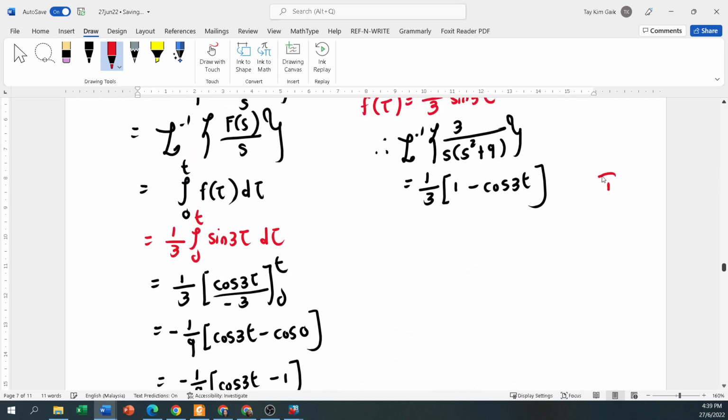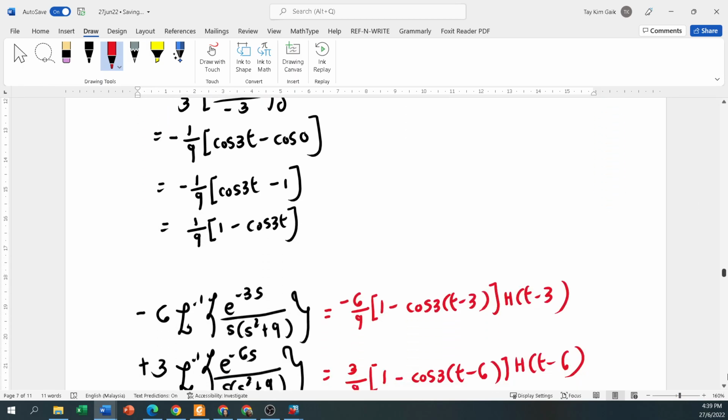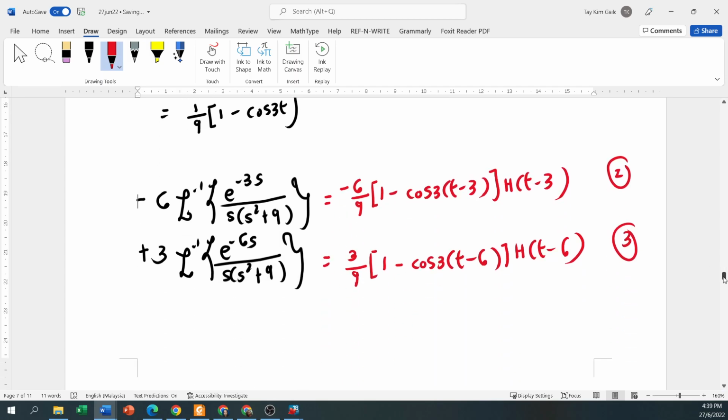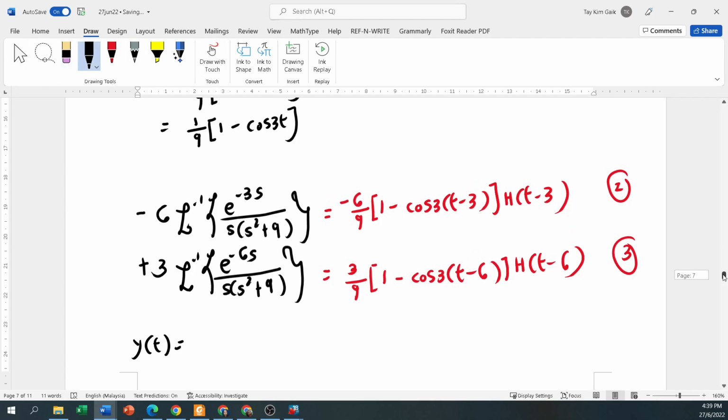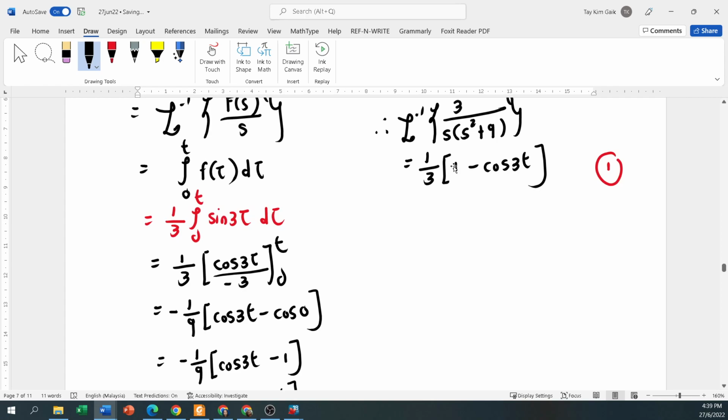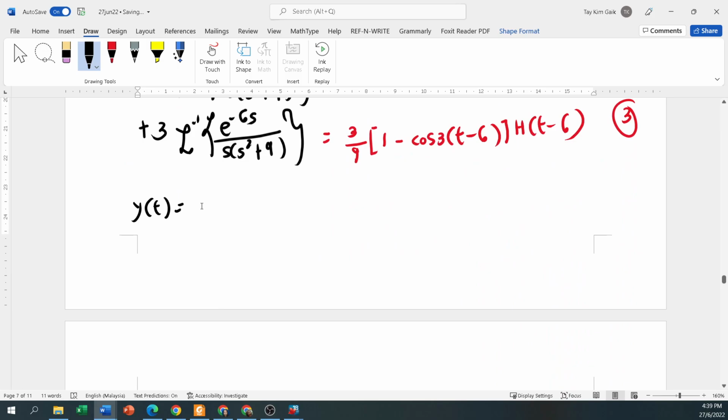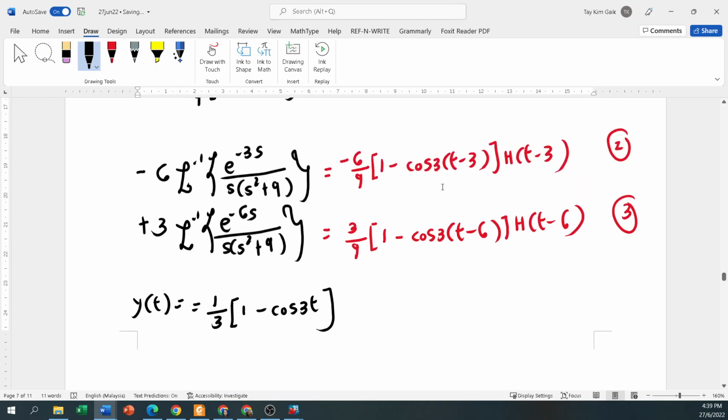This is the first term, then the second term, and the third.